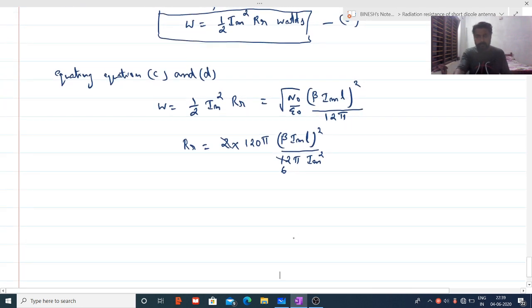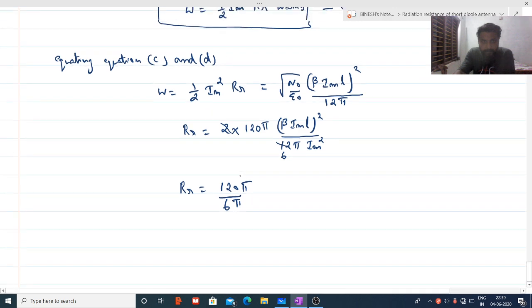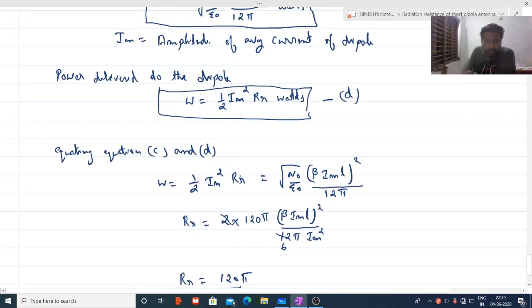So that changes to radiation resistance RR is nothing but 120 pi by 6 pi Im square. One small mistake I had done: it is not Im, it is nothing but I average.